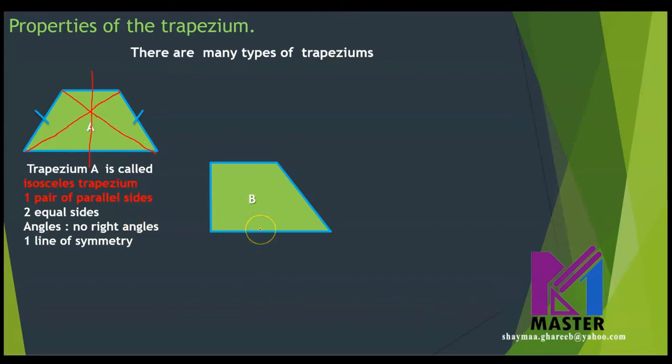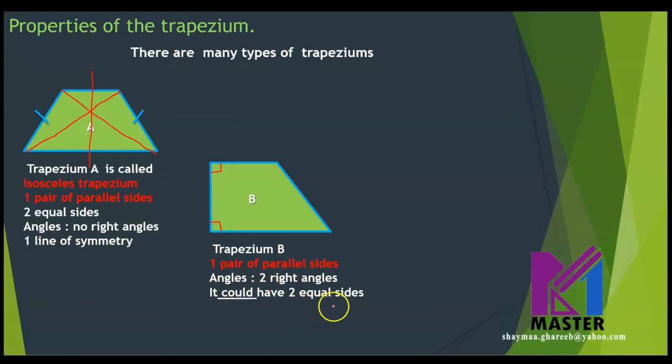What about this type? Look at the shape here. What do you notice? What is the difference? The only common property here, as we said, all trapeziums have only one pair of parallel sides. There are two right angles, as you can see here.